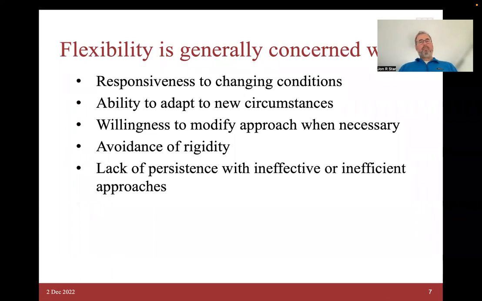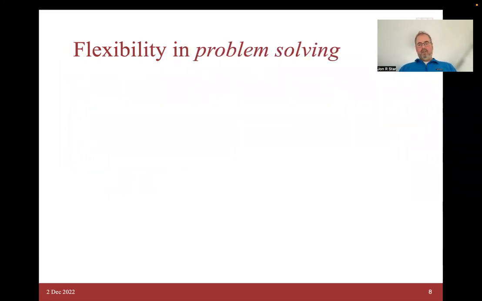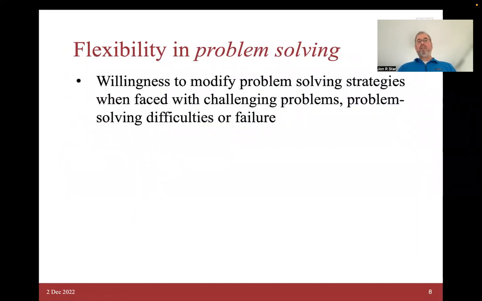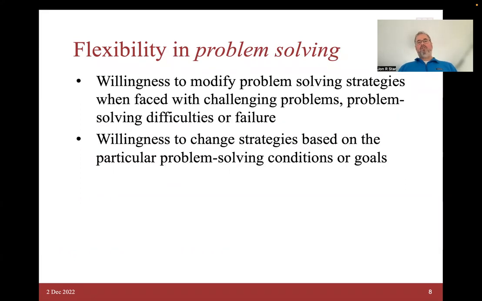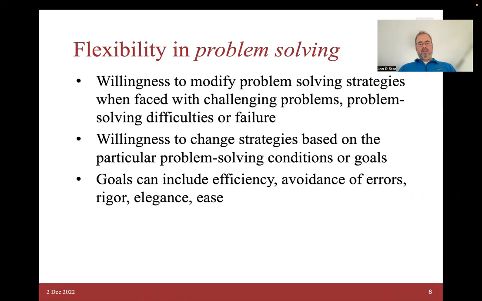Thinking about what that means in a problem-solving context, flexibility would mean the willingness to modify one's problem-solving strategies when faced with challenging problems or problem-solving difficulties or failure, a willingness to change strategies based on a particular problem, the conditions for that problem, and the problem-solving goals. And these goals could include efficiency, wanting to produce a solution that's as efficient as possible, but could also include avoidance of errors, rigor, elegance, ease, and perhaps other goals.